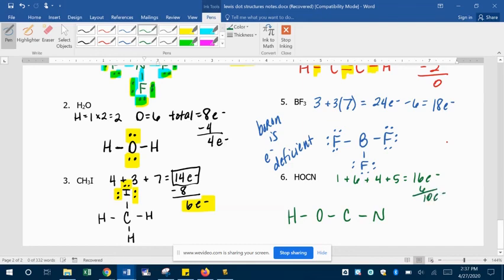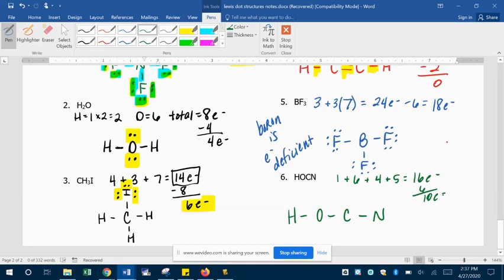Here, nothing is electron deficient except for hydrogen, which follows the duet rule. So oxygen has 2, 4 electrons so far. It still needs 2, 4 more. Same for carbon. And nitrogen only has 1 bond, so it still needs 2, 4, 6. So I still need 14 electrons.